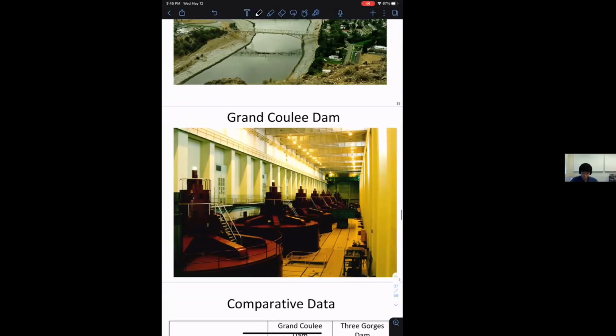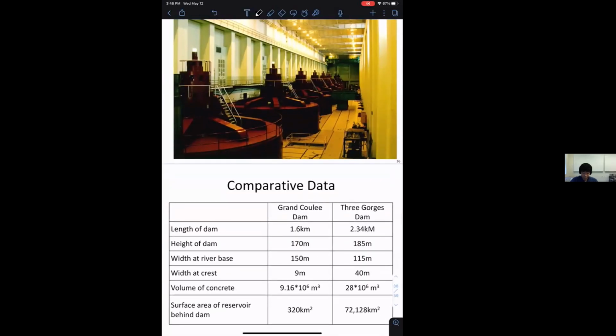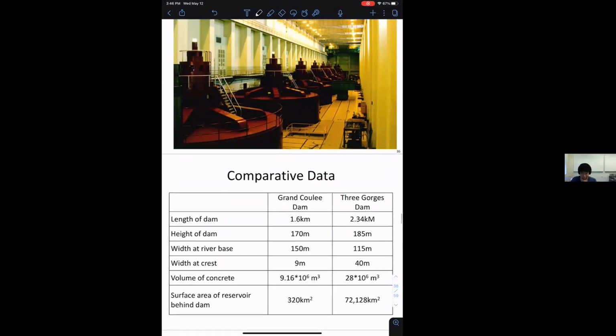And here is some data we can look at. We'll compare the largest hydropower plant in the world, Three Gorges Dam in China, with Grand Coulee, which is the largest in the US. Both have roughly the same height.